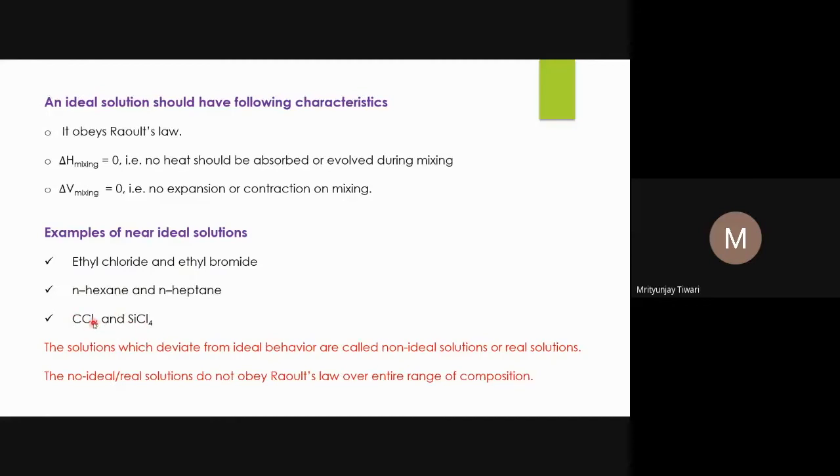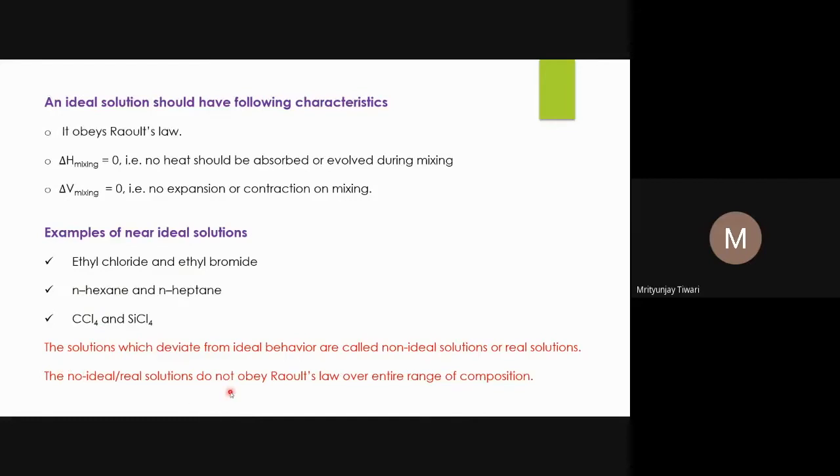Their size differs, but their actual interaction doesn't differ much. So the interaction between two carbon tetrachloride molecules and between two silicon tetrachloride molecules is quite close to the interaction between carbon tetrachloride and silicon tetrachloride molecules. And thus, such solutions also form ideal solutions.